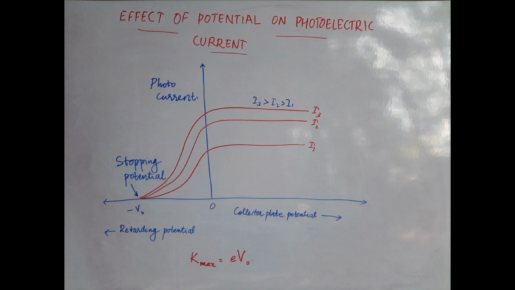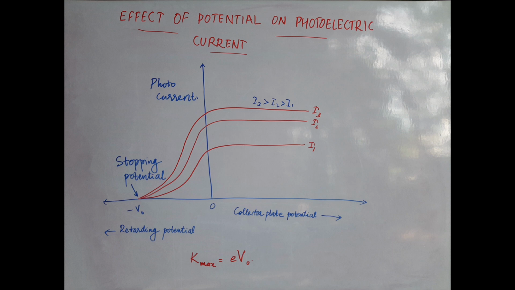So now we know that only the electrons having maximum kinetic energy will reach the metal plate A. If we increase further on the negative side, we reach a condition where there is no further photocurrent, which means the photocurrent becomes zero.